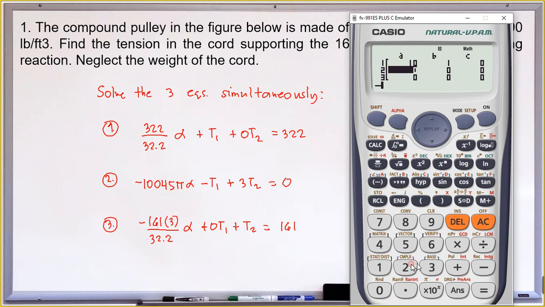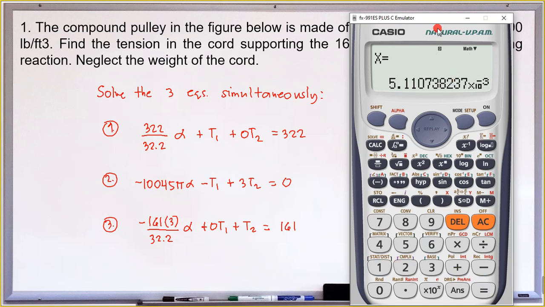Second equation, negative 10,045 shift pi equals, tapos negative 1, positive 3, 0. The last, negative 161 times 3 divided by 32.2. Then we have 0 and T1, 1 and T2, tapos we have 161.